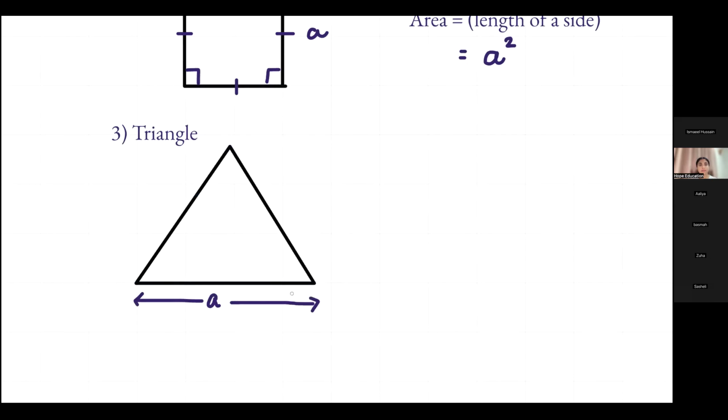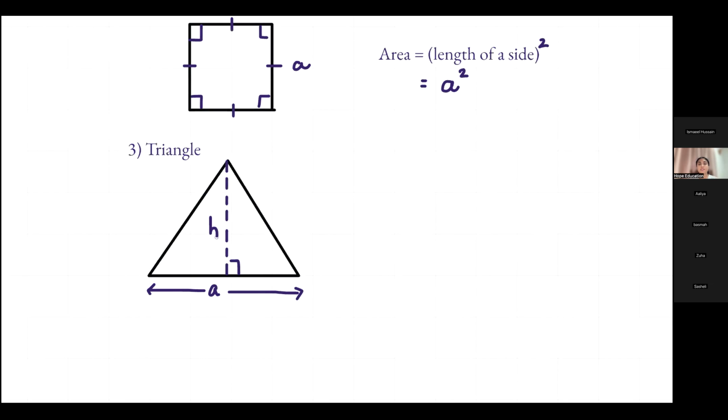Good. And you have to take the perpendicular height. Let's say this perpendicular height is H. So how do you find the area of a triangle? Area equals half into base into perpendicular height.